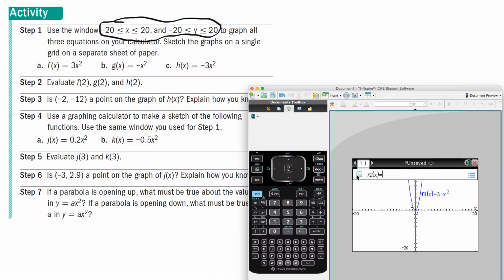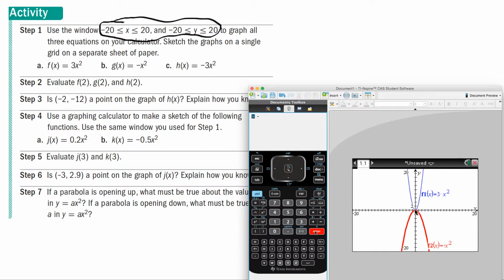Let's just use the f of x, and we'll use f sub 2 as our next one. Now remember, when we take a negative in this case, this is like a negative 1 times x squared. You don't put the opposite of x in parentheses and then square it. So this is quite explicitly asking you to just put in a negative x squared, and we enter that, we get our graph.